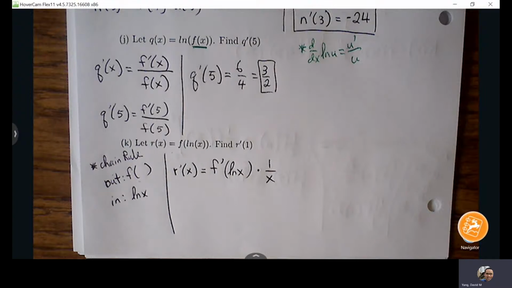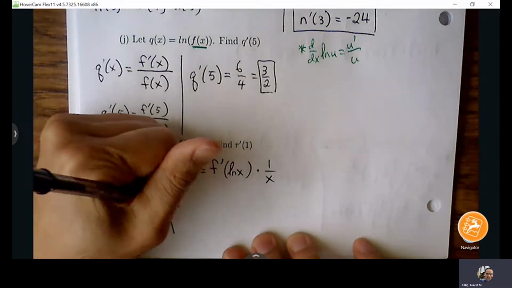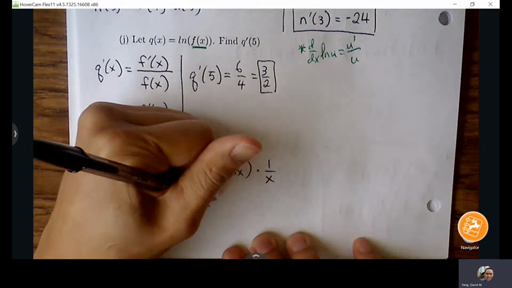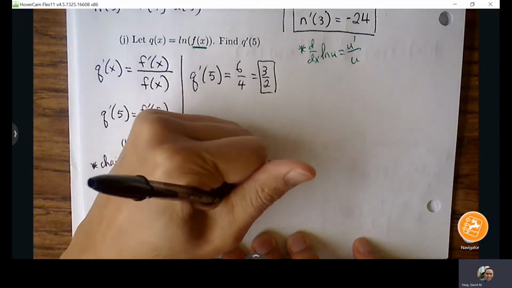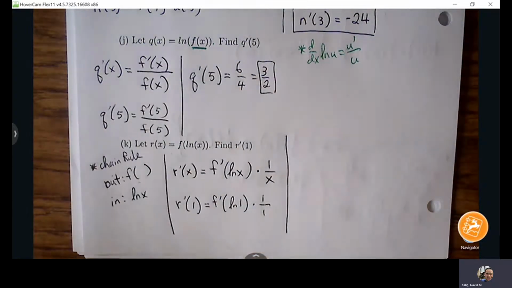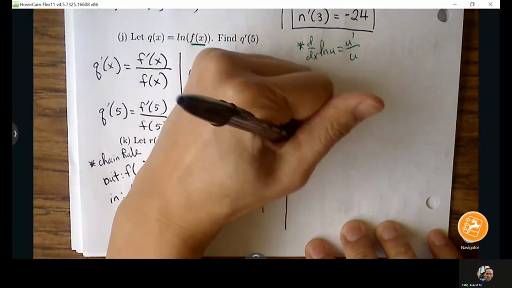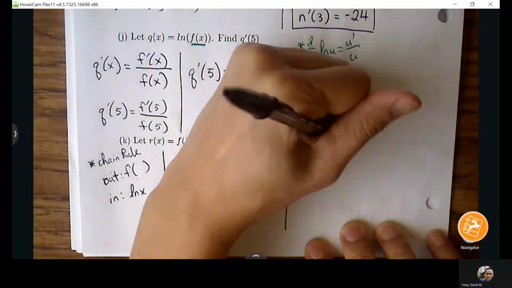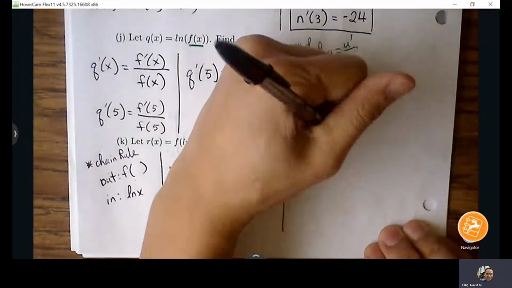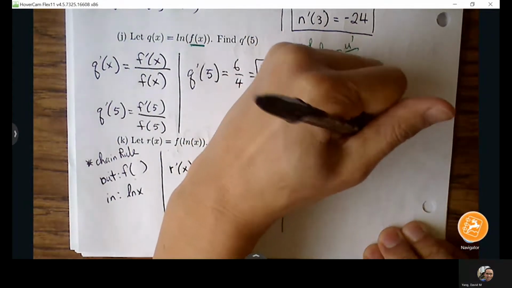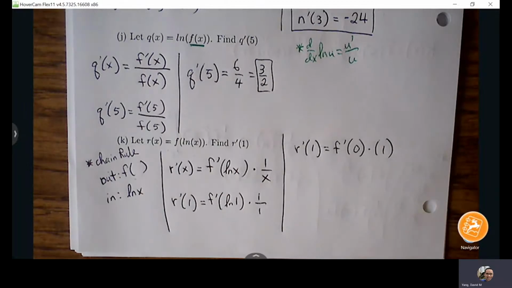Replace every x with 1. Okay, what's natural log of 1? Just 0, yeah. F prime of 0 is 0 from your table.